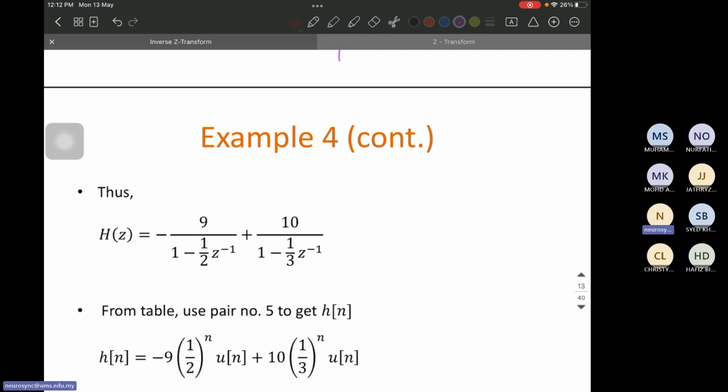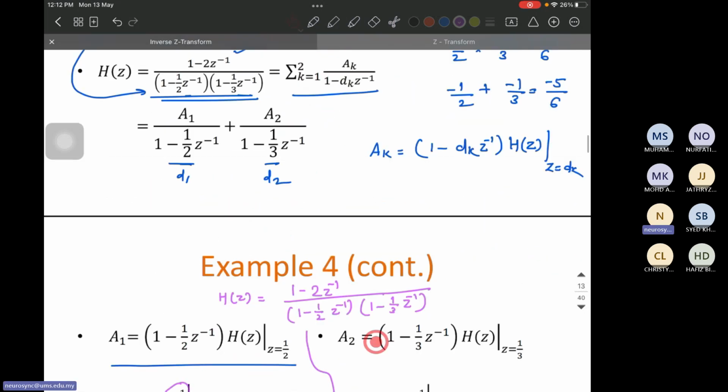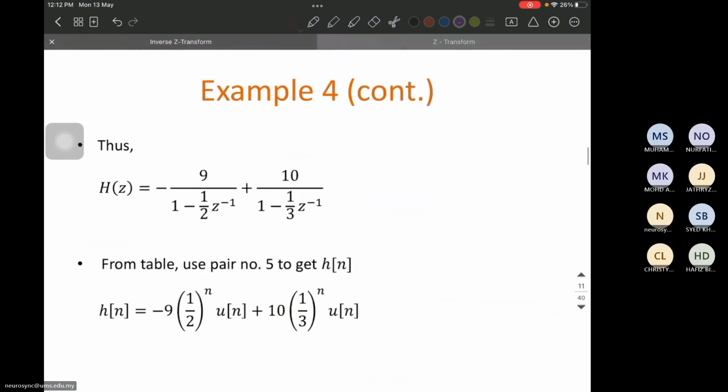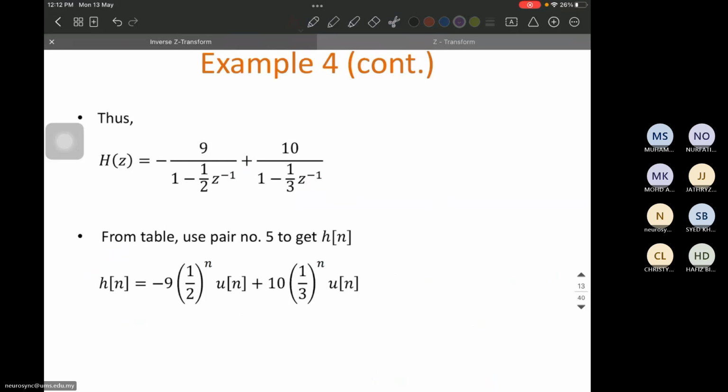Okay. Now what is the region of convergence given here? The region of convergence is mod of z is greater than 1 by 2.